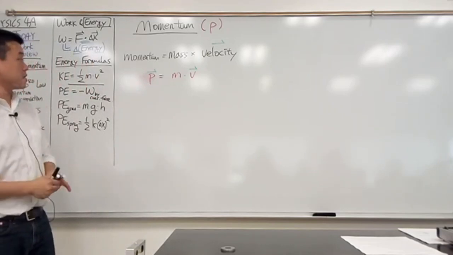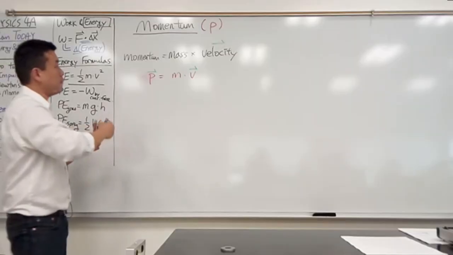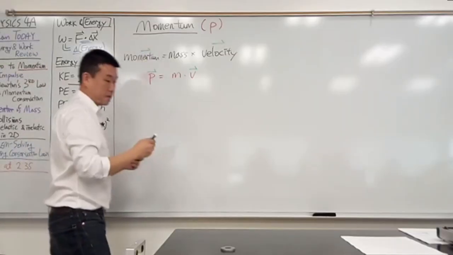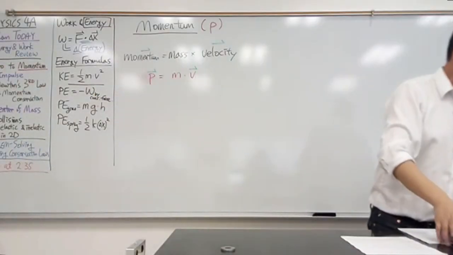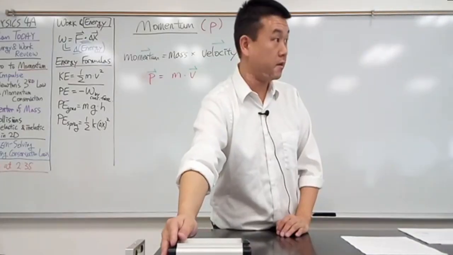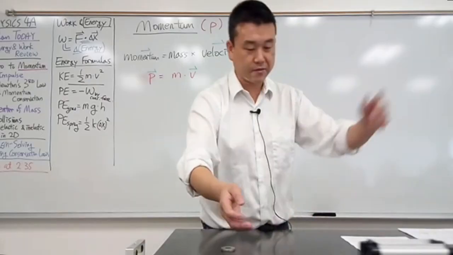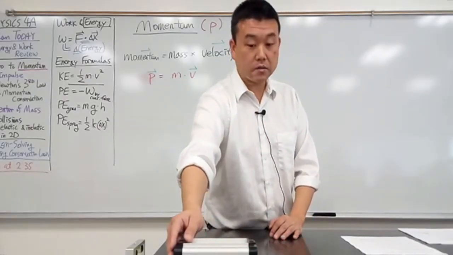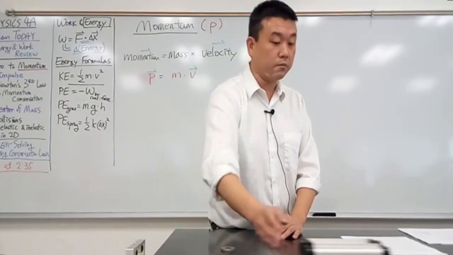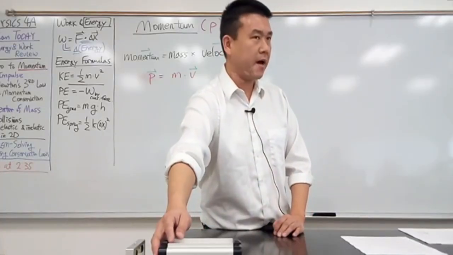So when something has a momentum, that momentum always comes with a direction. As an example, this cart can have a momentum. When I push it from left to right, it'll gain a rightward momentum, and then it bounces and comes back. So right now it has rightward momentum, and when it comes back, does it have the same momentum when it's coming back?